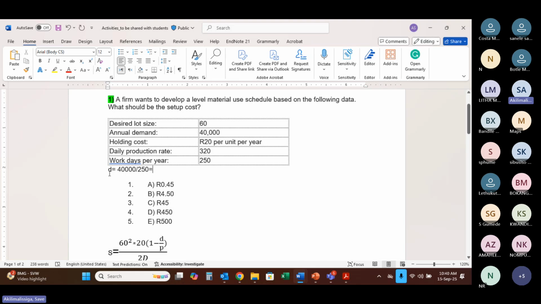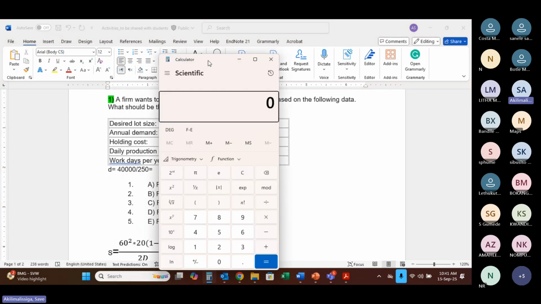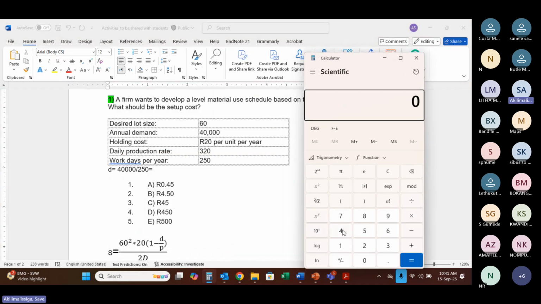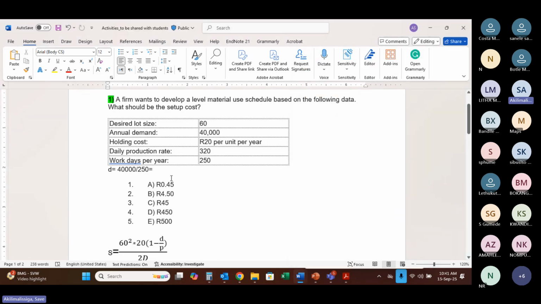Once you perform this, this is gonna give us the daily demand. So I pull my calculator. That's gonna be 40,000 divided by 250, and that gives us 160. So 160 units that they are producing.